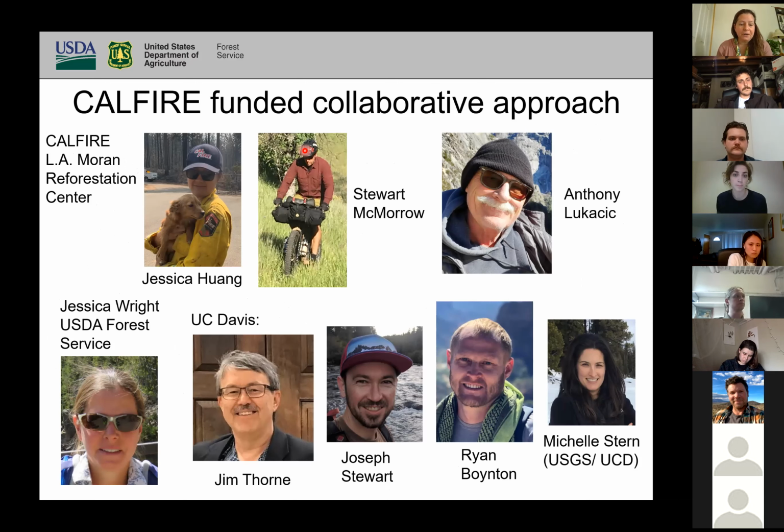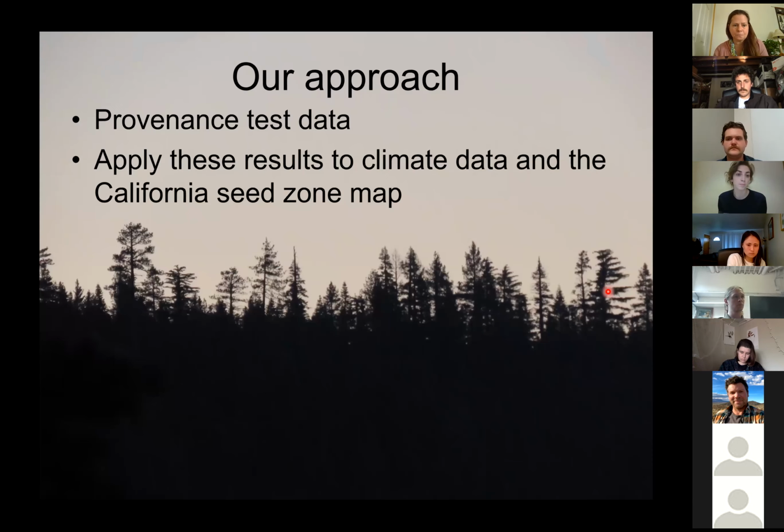Obviously that's me there, and this is Jim Thorne from UC Davis. He is a geographer. Joe Stewart, you'll hear a lot about him. He's a postdoc, and you'll see a lot of his work. Ryan is a GIS specialist, and Michelle Stern works for the USGS, as well as being a grad student at UC Davis, doing a lot of really interesting work on climate modeling.